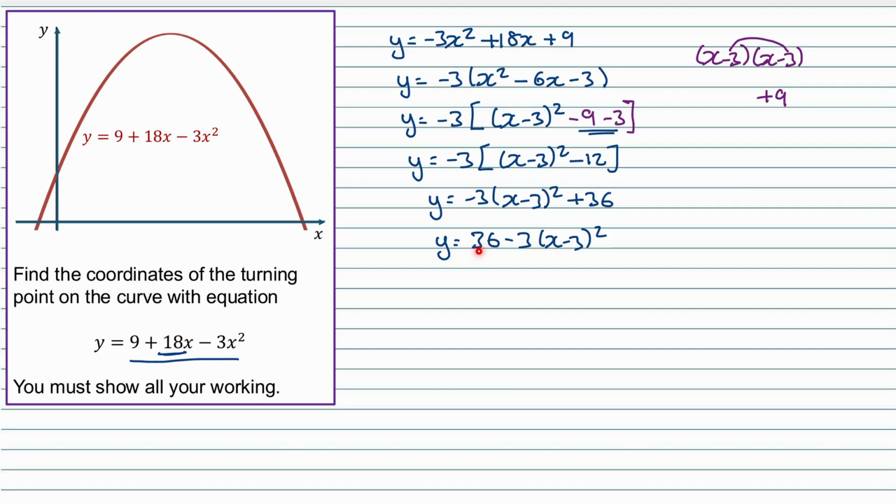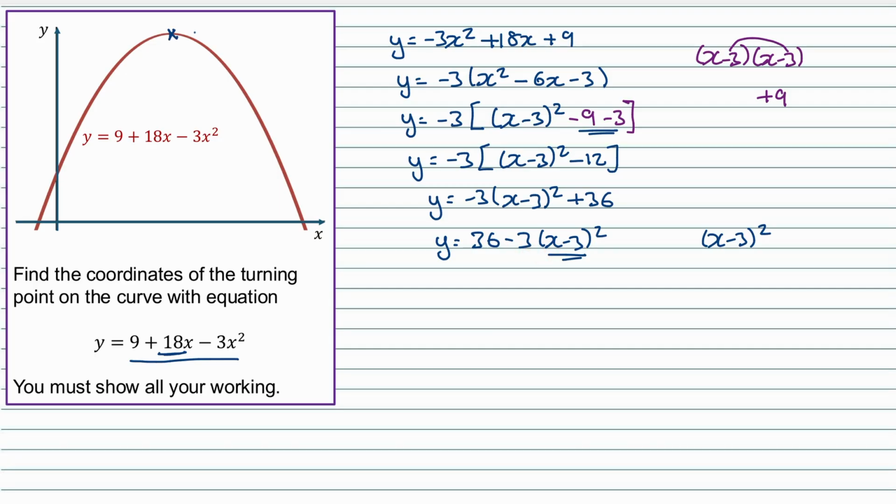Well, because we've got 36 take away something, the maximum possible value will be when y equals 36. Because this bit can never be negative. The x minus 3 squared, this term here, can never be negative because we're squaring it. So the lowest that this term could ever be is 0. So you'll have 36 minus 3 lots of 0.